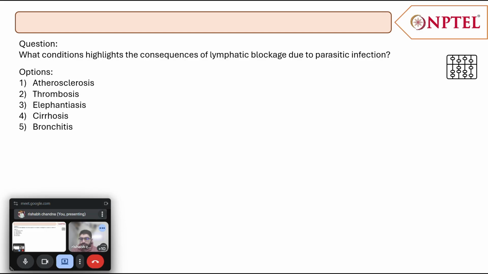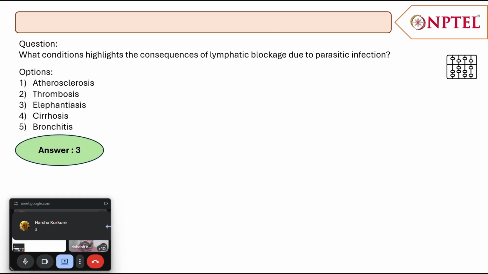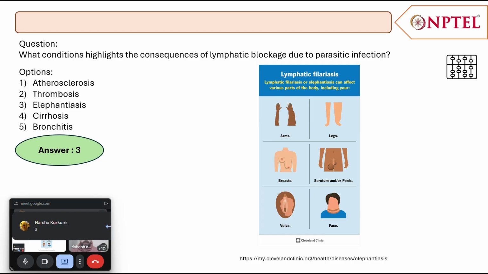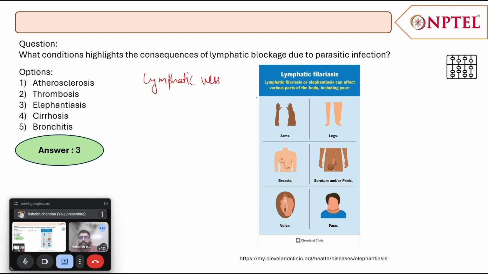So the correct answer is option 3, that is elephantiasis. What happens in elephantiasis is that the main lymphatic vessels of the body are affected because of an infection from a worm.